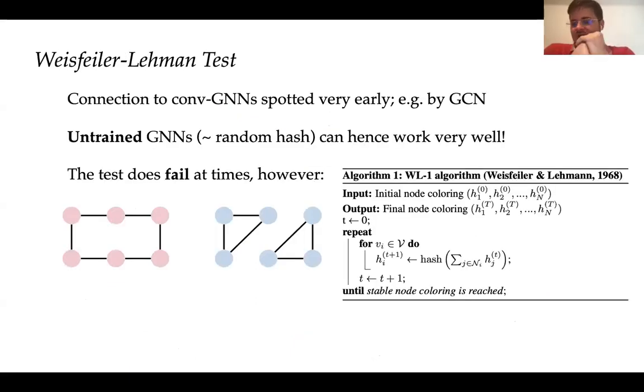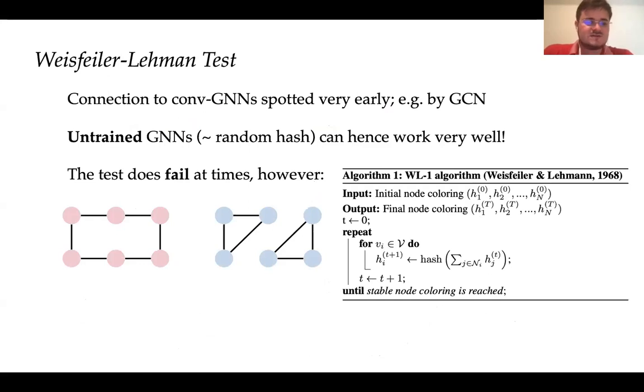And because all we're doing here is passing these injective combinations of hashes along the edges of the graph, there was a very clear connection to be spotted to convolutional GNNs, and it was spotted very early, actually, already by the graph convolutional network paper of Kipf and Welling.